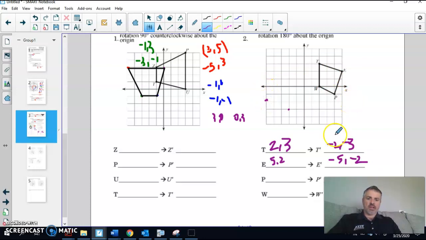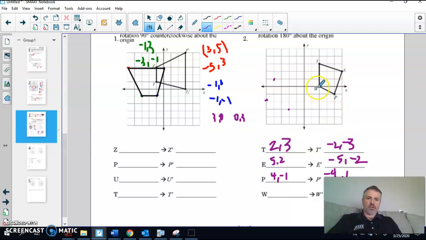That becomes my E prime. P is at 4, -1. If I just change the signs, it becomes -4, +1 for P prime. So -4, +1 is right there.